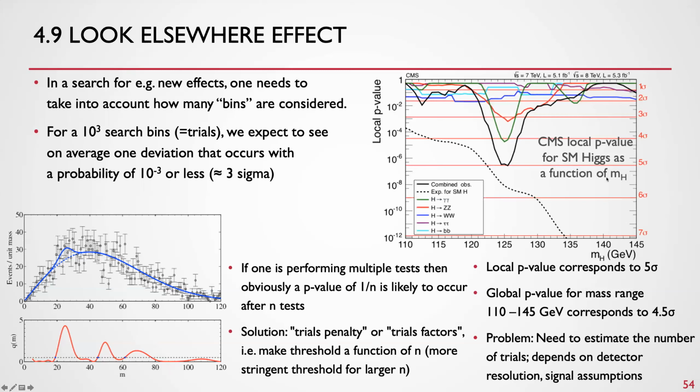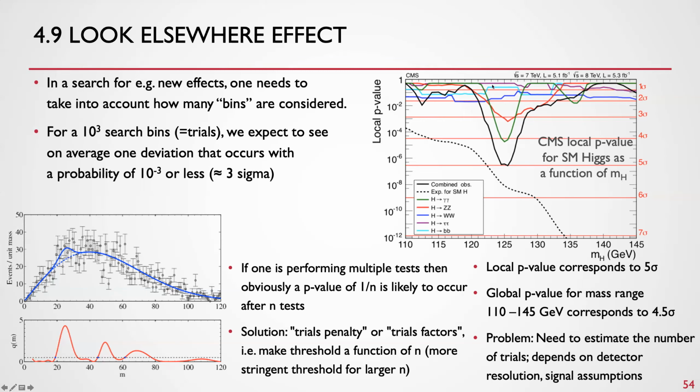A good example is the discovery of the Higgs boson. We did not know a priori what the Higgs boson mass is. So we tested the Higgs boson standard model hypothesis as a function of its mass, and we looked at the different measurements. So here, Higgs decaying to photons, Higgs decaying to two Z bosons, WW, tau tau, BB.